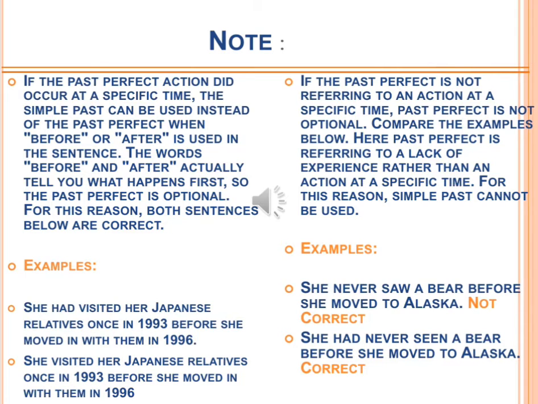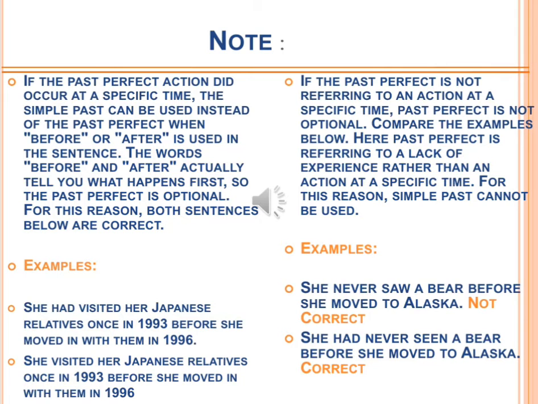Note: if the past perfect action did occur at a specific time, the simple past can be used instead of the past perfect when before or after is used in the sentence. The words before and after actually tell you what happens first, so the past perfect is optional. For this reason, both sentences below are correct.